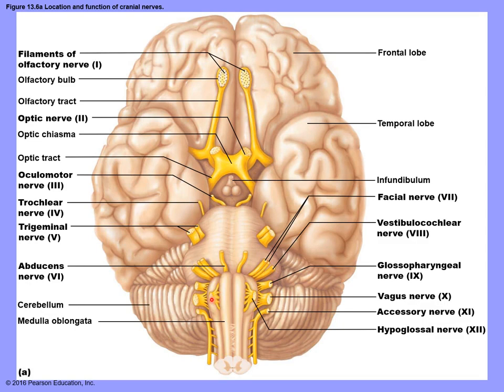Slide over here, the accessory nerve for number 11. I'm sorry, right here. And then come down this way, and then right there is the hypoglossal nerve, number 12. It's off the line from here, but it's centered right there.